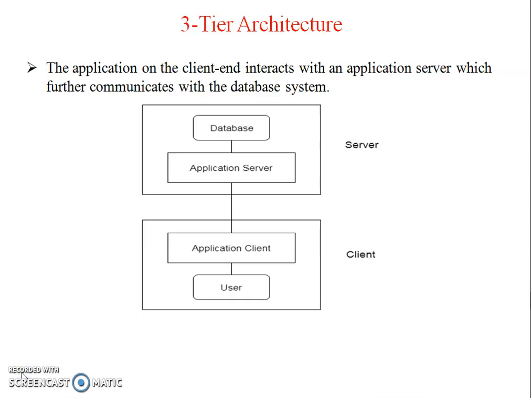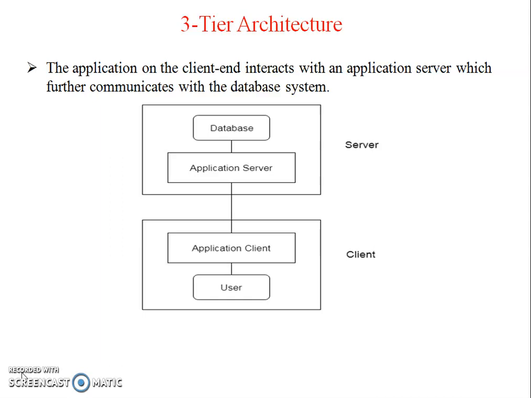Now the next type of architecture is three-tier architecture. What happens in three-tier architecture? The three-tier architecture contains another layer between the client and server. The application on the client end interacts with the application server, which communicates with the database system directly.